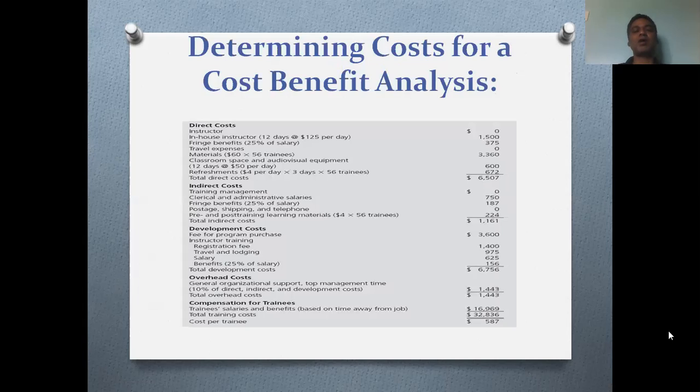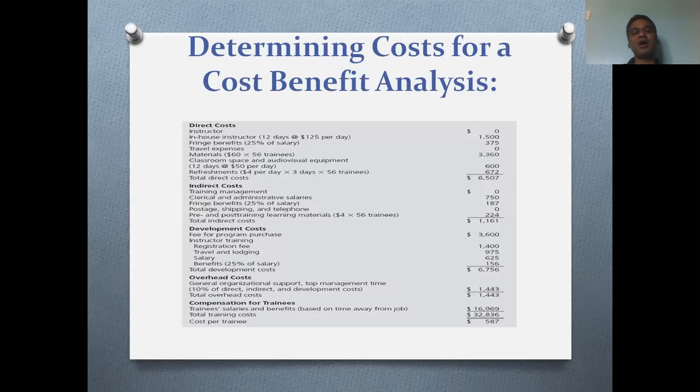Then determining the cost for a cost benefit analysis. There are a lot of costs which have been listed. For example, for an in-house instructor, what is the salary you are giving, and his fringe benefits, travel expenses, then the facilities, refreshments.